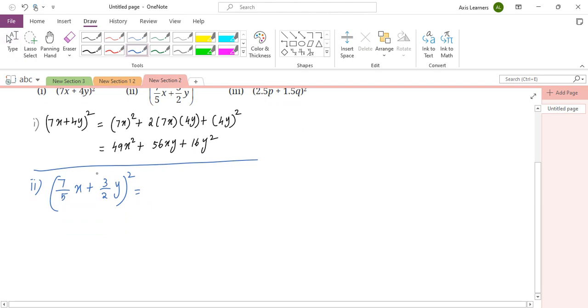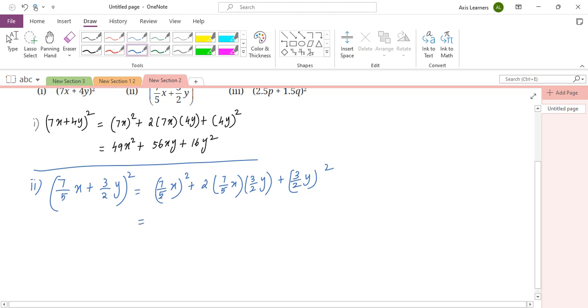As usual, first we take 7 by 5 into x as a, and the second term 3 by 2 y as b. Now we can write the expansion: 7 by 5x the whole square plus 2 into 7 by 5x into 3 by 2y plus 3 by 2y the whole square.